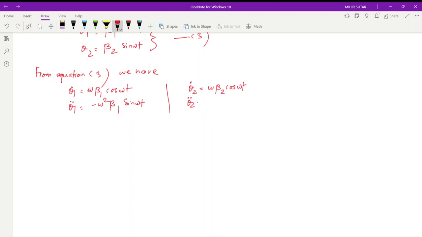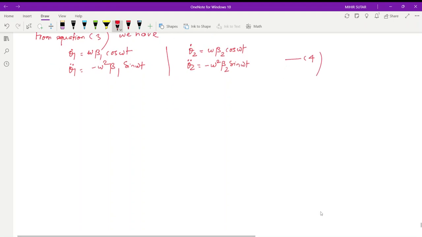Theta 2 double dot is minus omega square beta 2 sin omega t. Let's say this is equation 4. Okay. Now substitute these values in the preceding equation.